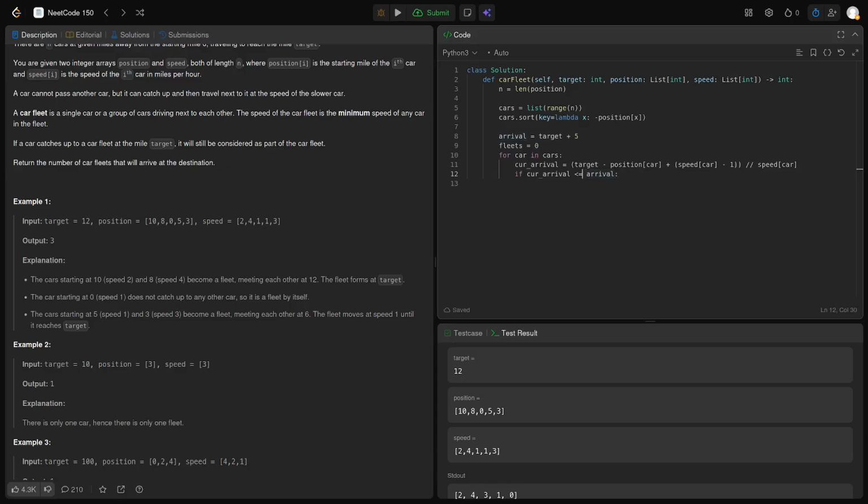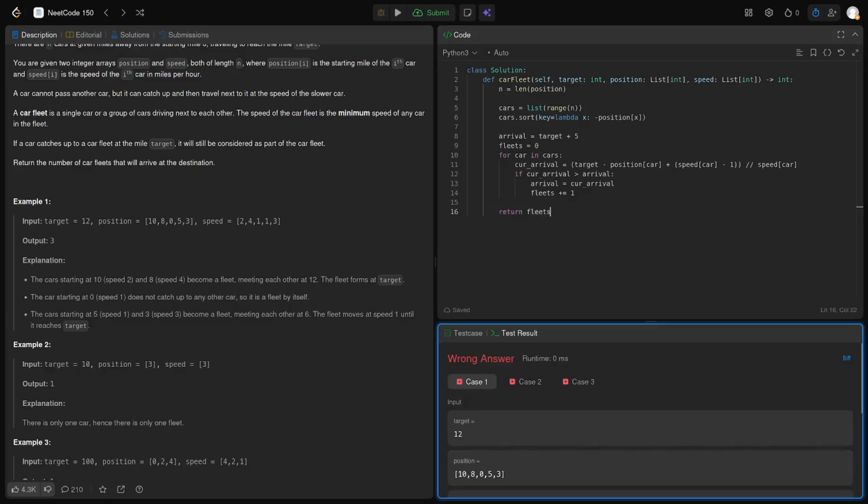And it will arrive at that time. Otherwise, we want to do current arrival is equal to arrival, right? Fleets plus equals 1 and return the number of fleets.